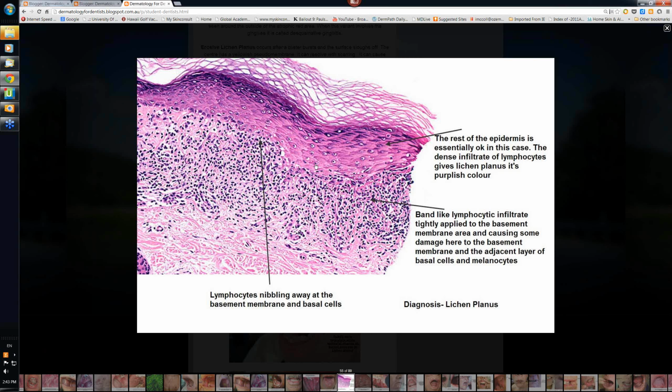So a bit of acanthosis, sometimes sawtoothed acanthosis, thickening of the granular layer, dense lichenoid infiltrate, band-like lymphocytic infiltrate, damaging the basal layers, causing vacuolar degeneration. That's the histological term that's used for the damage to the cells of this basal layer here.